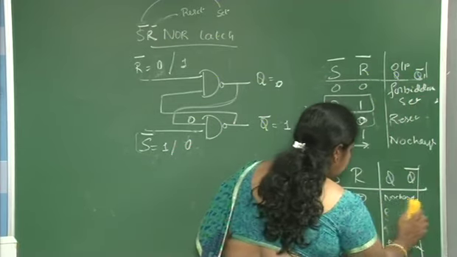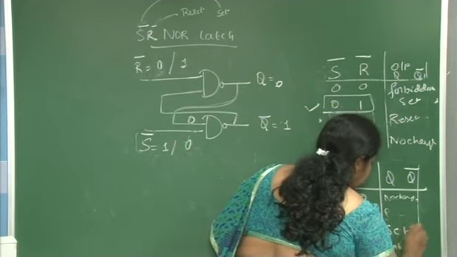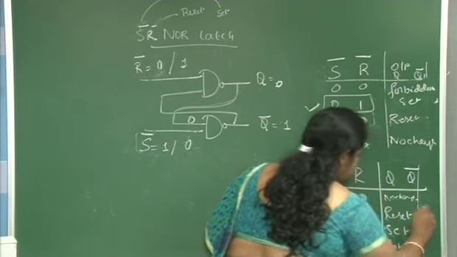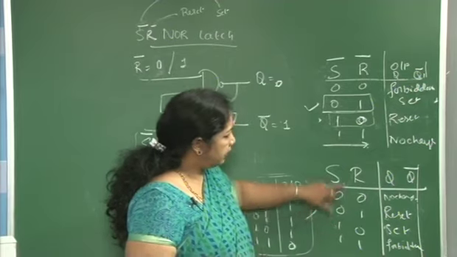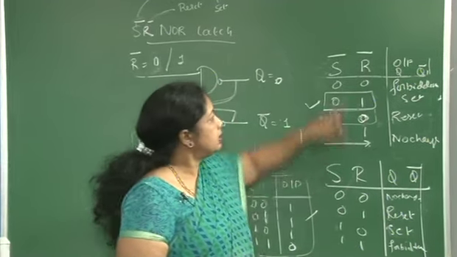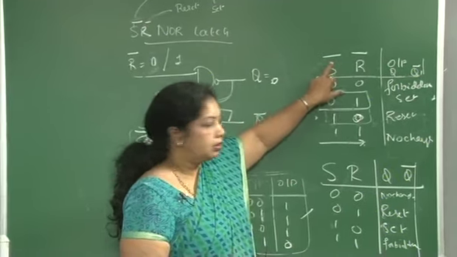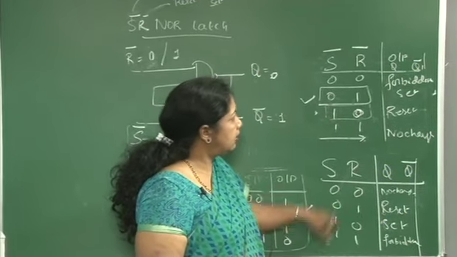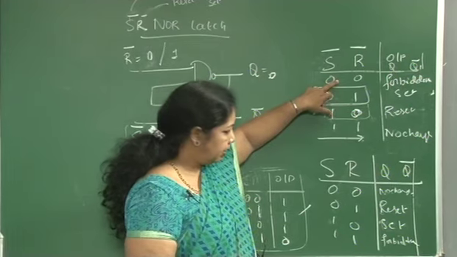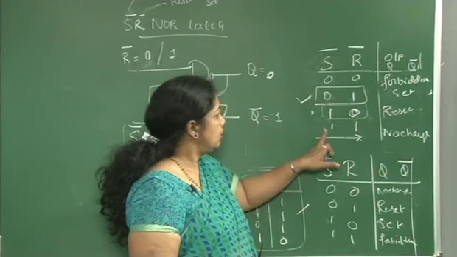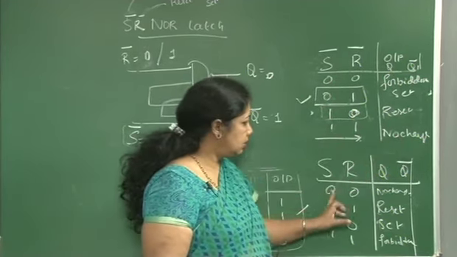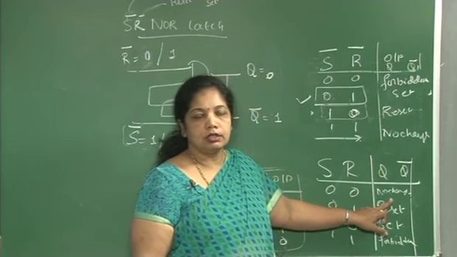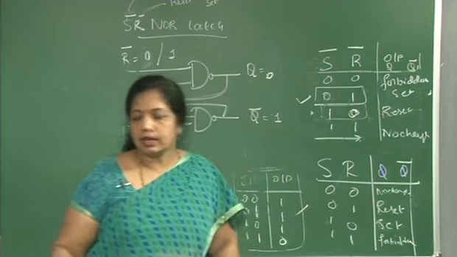In this case it is the set condition and it is the reset condition. You can just see the reverse, since I am using complemented inputs here. So set, reset, reset, set. 0 0 is forbidden here, 1 1 is forbidden there, 1 1 is no change condition here, 0 0 is no change condition. So this is nothing but the NAND gate latch.